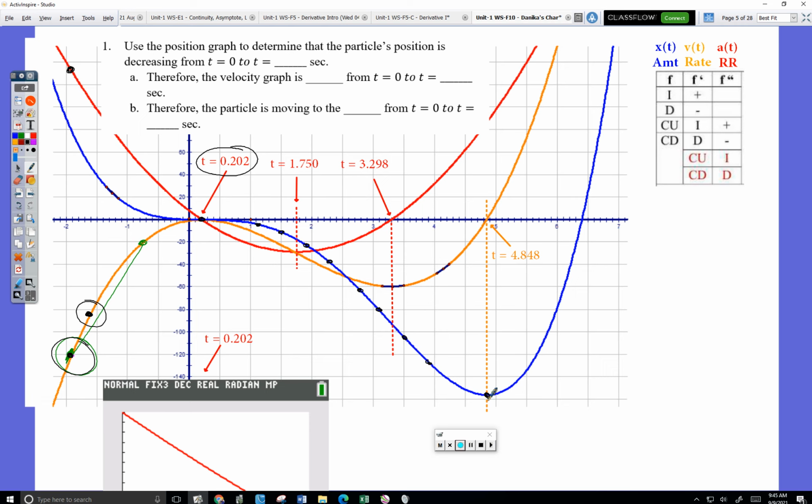They don't get any more negative than this y coordinate right there. Then they become slightly less negative. So hands up again. What is the time when the particle's position stops decreasing? It's like temperature. When does it stop decreasing?